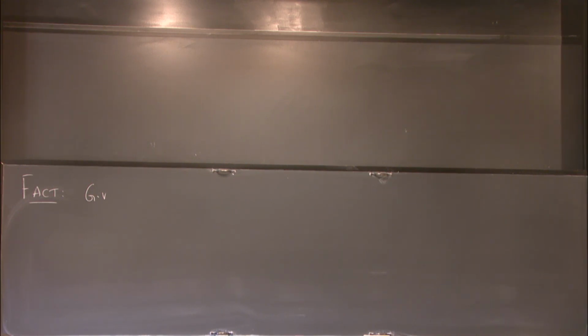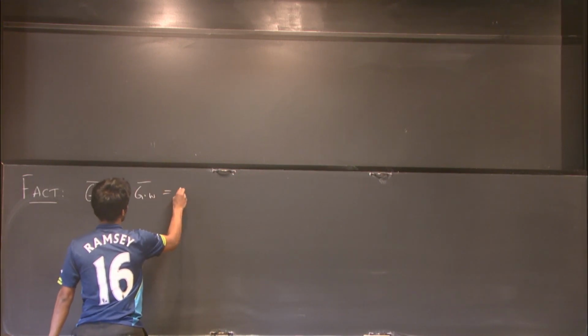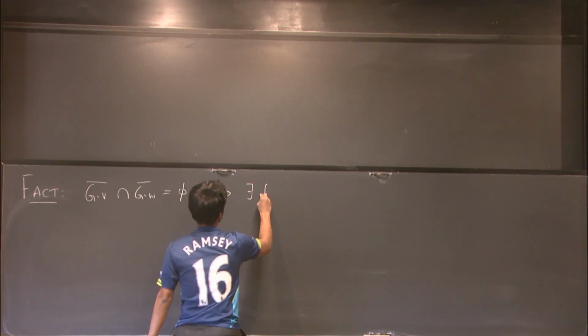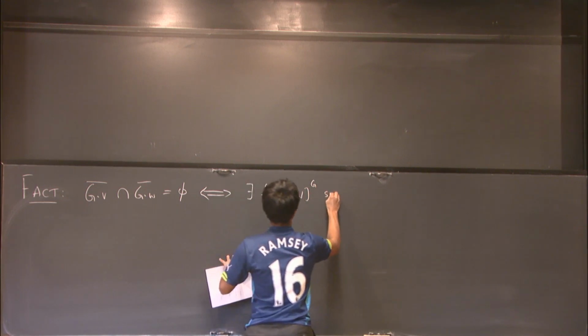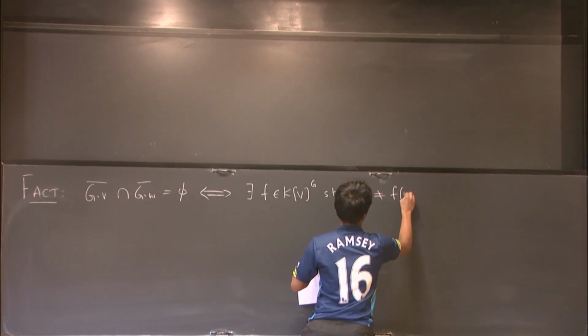So all the points you can get to by applying G. So the orbit closures of two points do not intersect if and only if there exists some function which is invariant and takes different values on both of them.